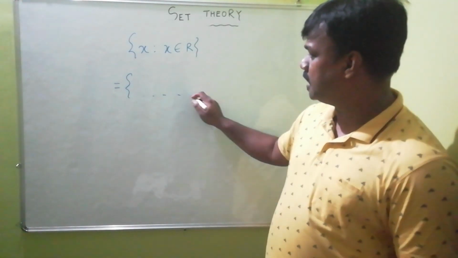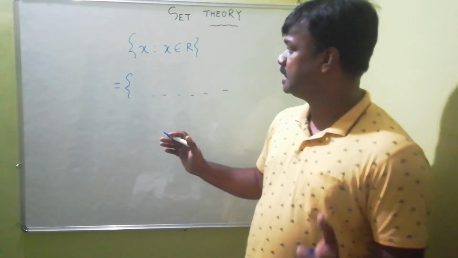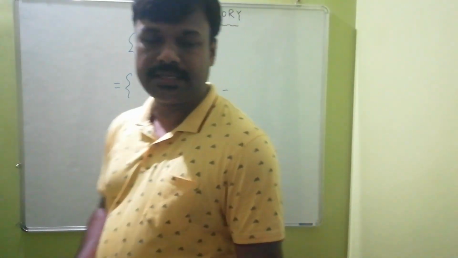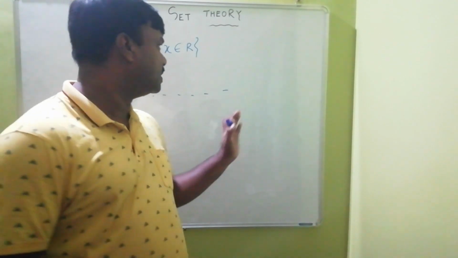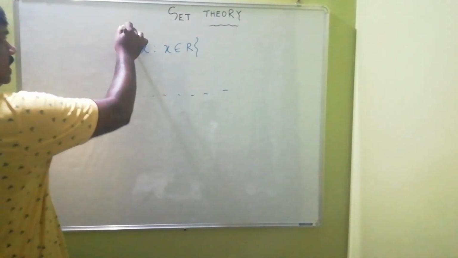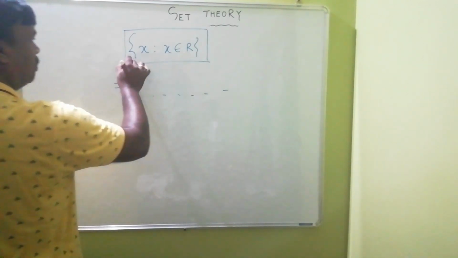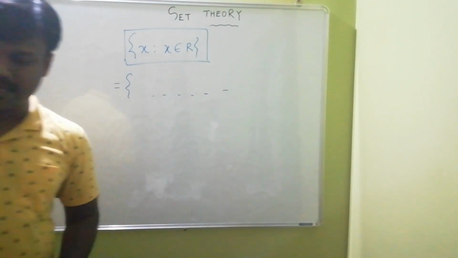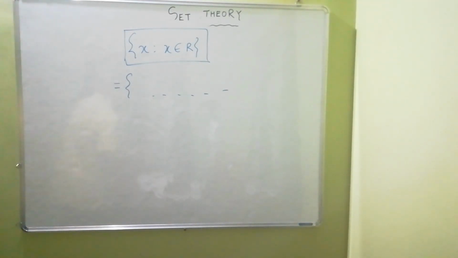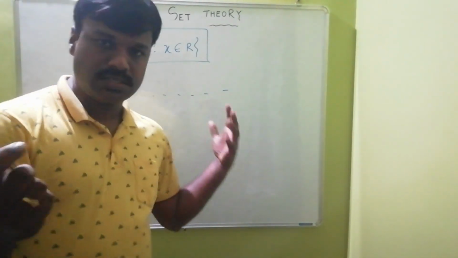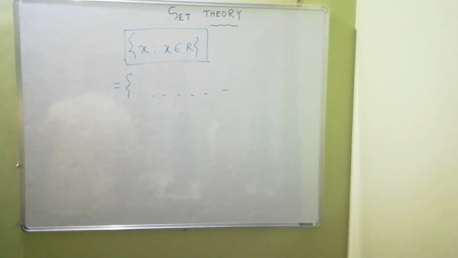You have to write all. Can you write all? And does that give the idea of real numbers? No. We cannot write the real numbers in the form of tabular form. So there is the need of another form where we can write the properties, and that's why set builder form is there. So similarly we can write the set builder form as well as roster form of different sets.